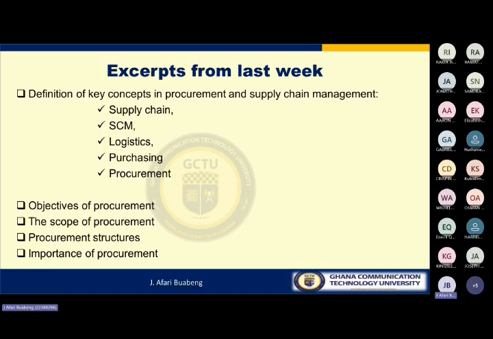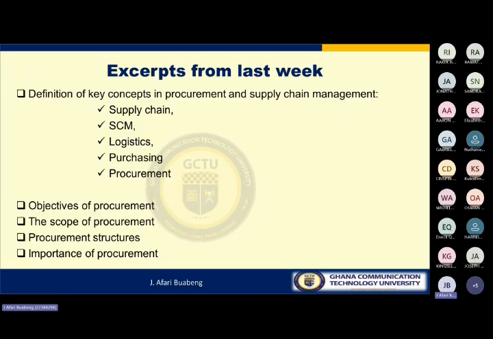So regardless of the level you find yourself, you need to execute what has been assigned to you as a procurement officer so that the organization will get the full benefit of the department or unit.